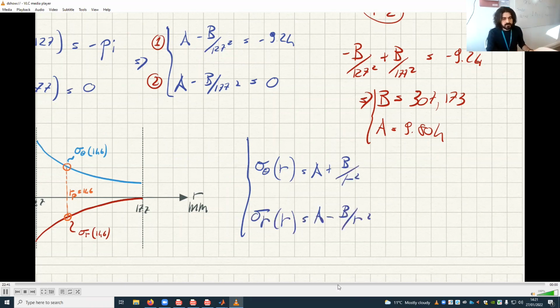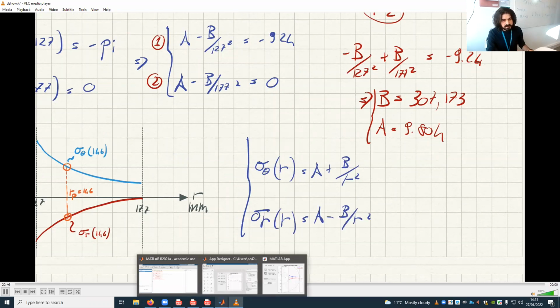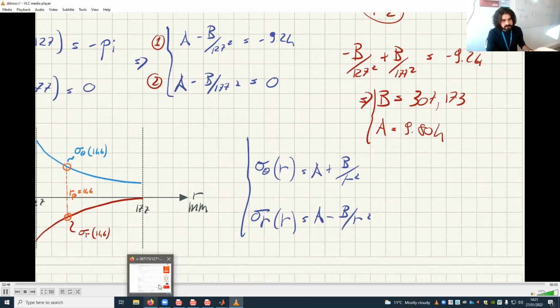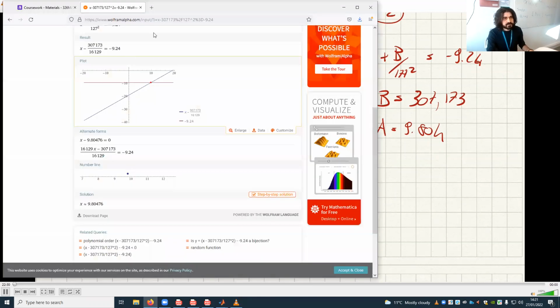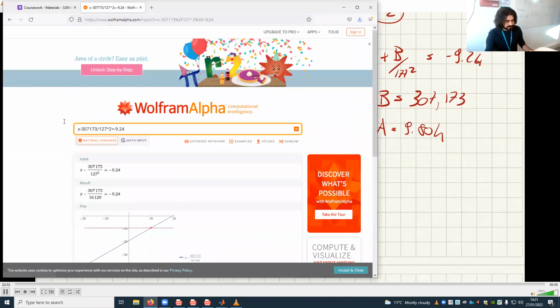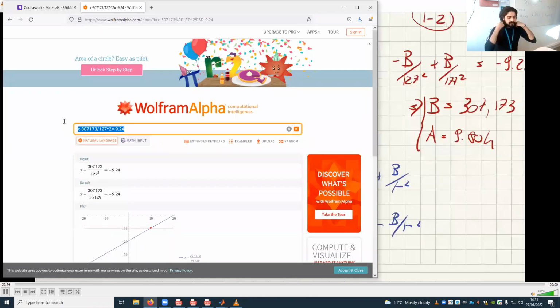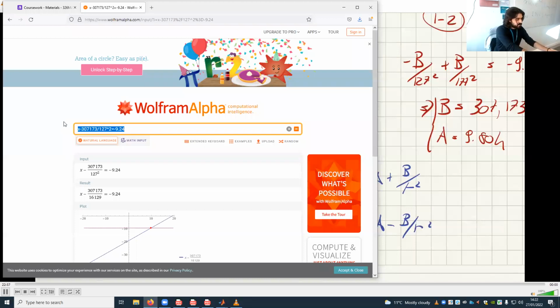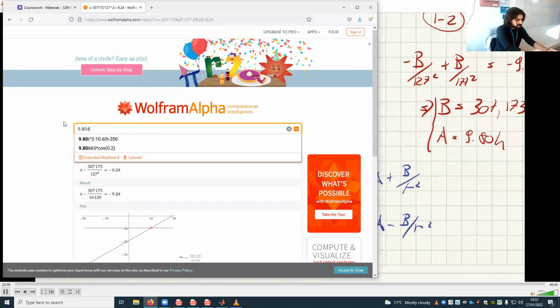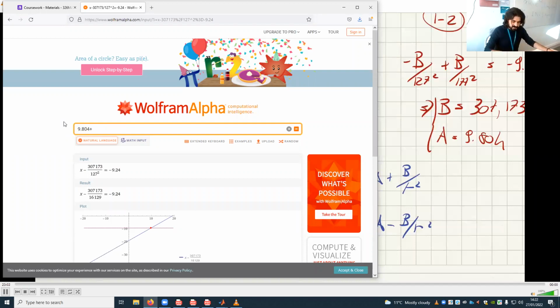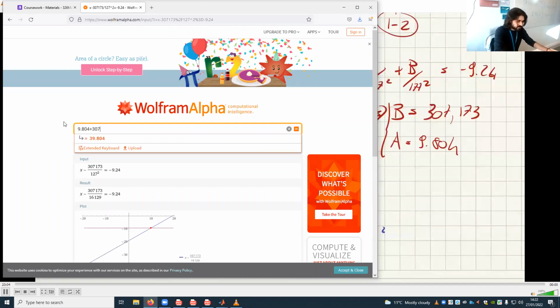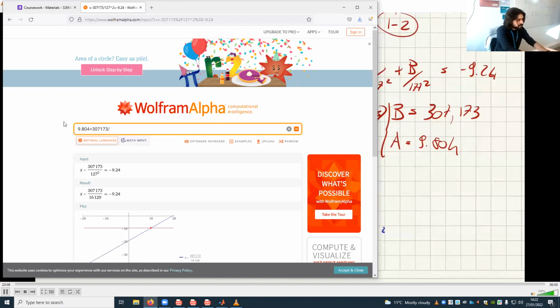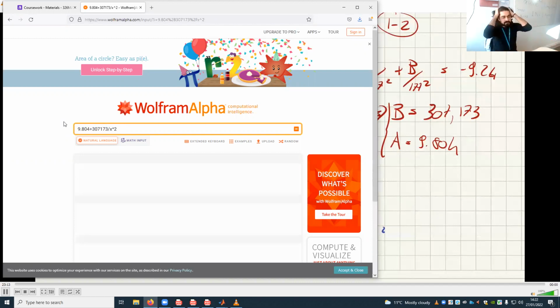Okay, so let's use Wolfram Alpha again to find the value. So a plus b: 9.804 plus b. B is 307,173 divided by r squared.